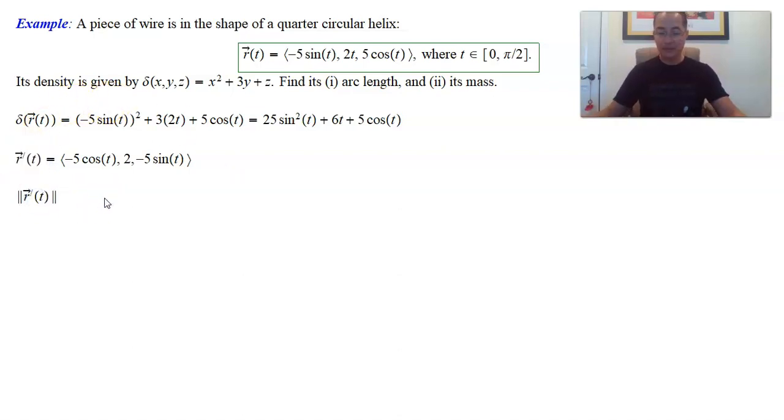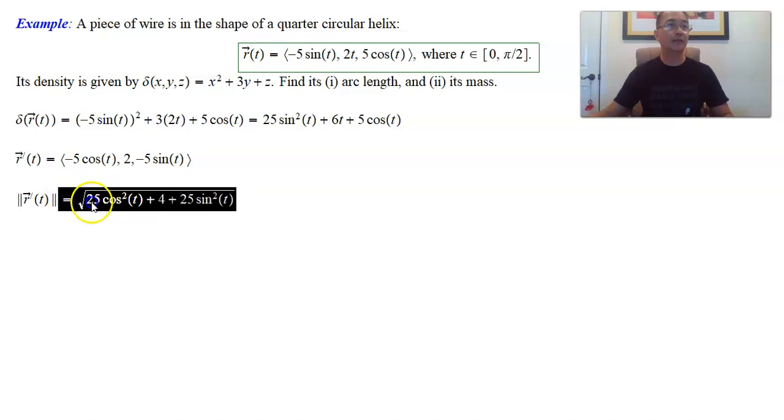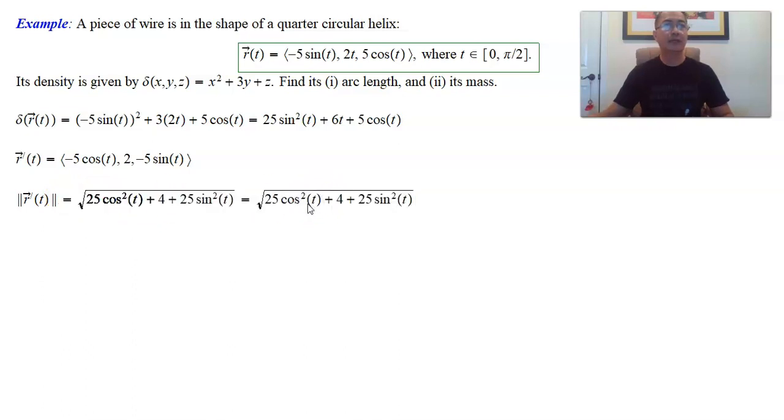If you forgot the plus or minus, we want the length. So we want the square root of the sum of the squares. So we got 25 cosine squared, and then we got 2 squared, 4, and 25 sine squared. Of course, cosine squared plus sine squared, as we saw in an earlier example, just combines to 25.